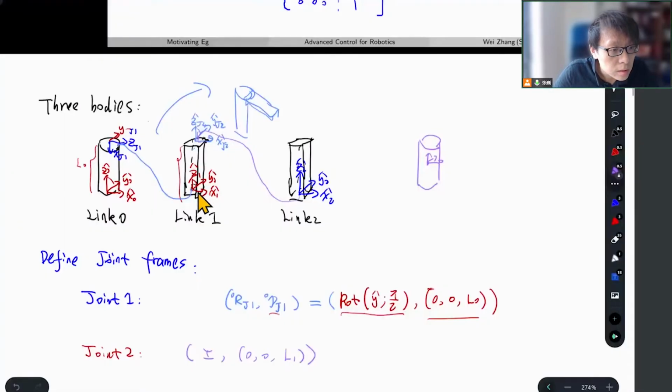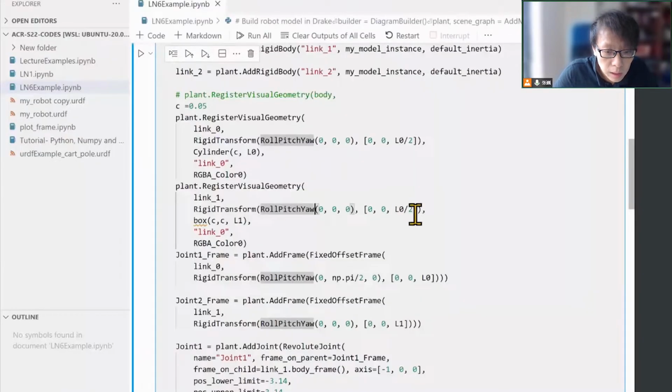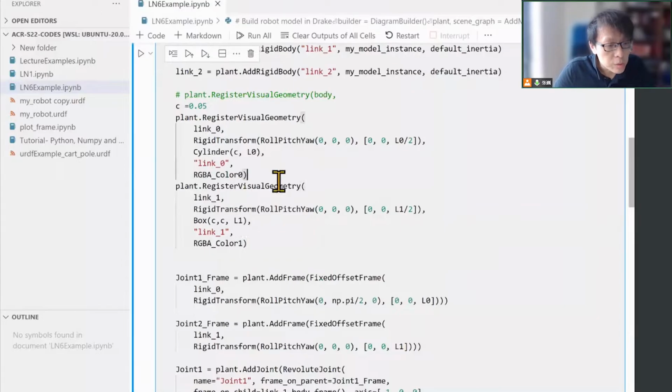And I also place it at half of L1. This is the code for link 1. That's the geometry, which means body 1 or link 1 has a box. It's a cube, right? The 3 dimensions are C, C, and L1, and I place it up halfway through the height.